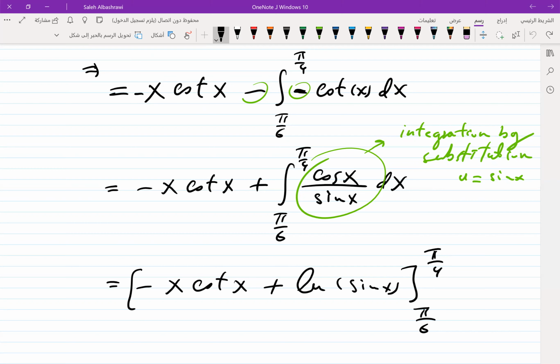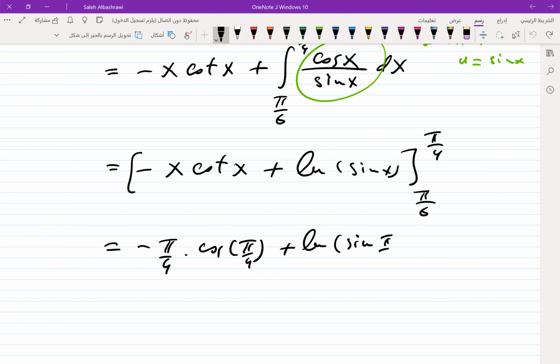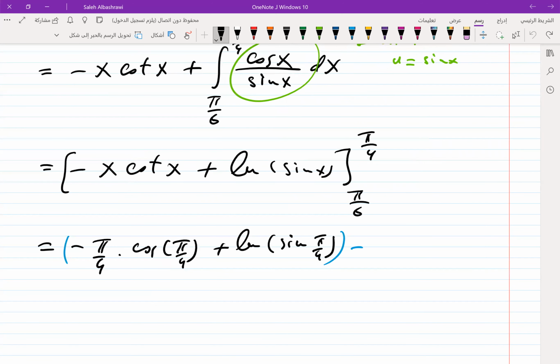The integration of cotangent equals ln of the absolute value of sine x, but since we are in the first quadrant, sine x is positive, so no need to write the absolute value. It is ln of sine of x. And then this will be minus pi over 4 multiplied by cotangent pi over 4 plus ln sine pi over 4, the upper limit, minus the value at the lower limit.